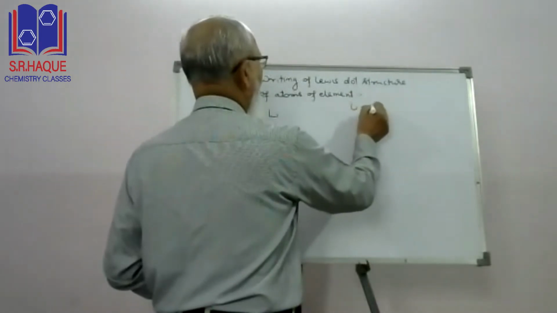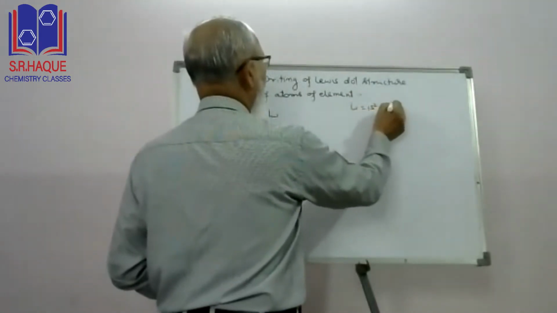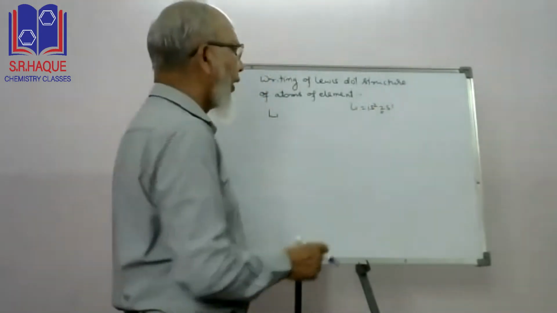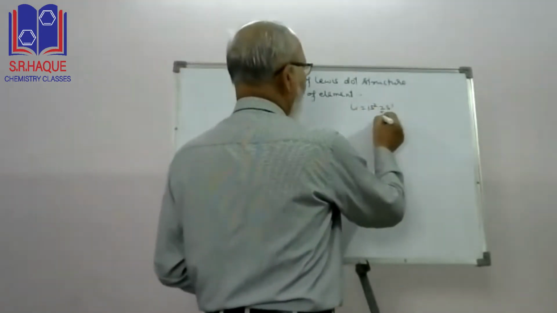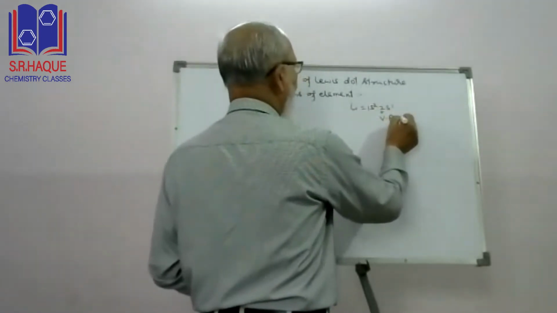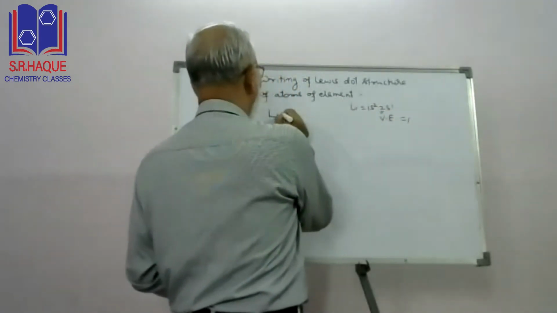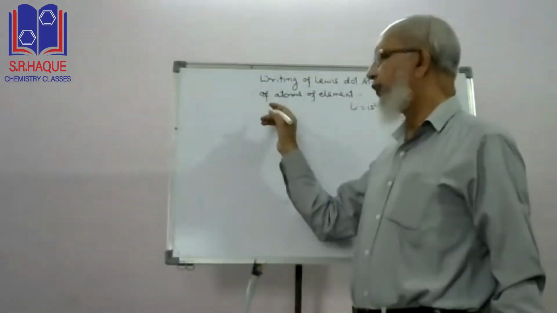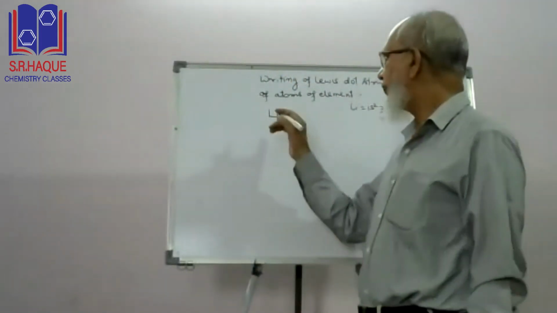Lithium has electronic configuration 1s2, 2s1, the valence shell is the second shell, and therefore the number of valence electrons is 1. So the Lewis dot symbol of lithium is Li with 1 dot.